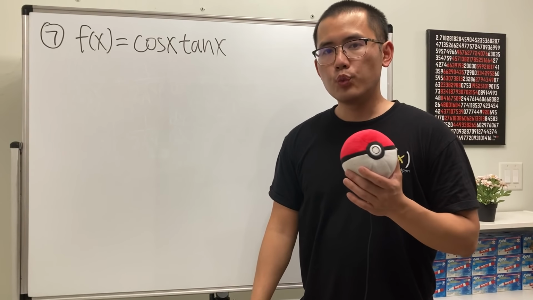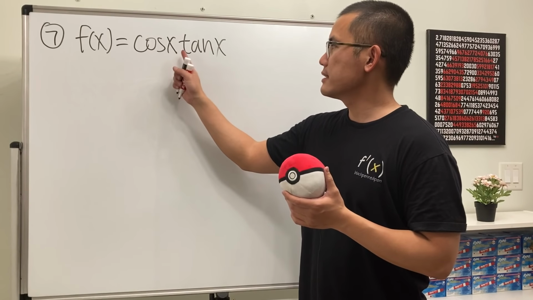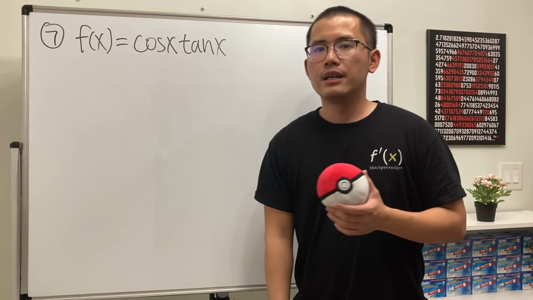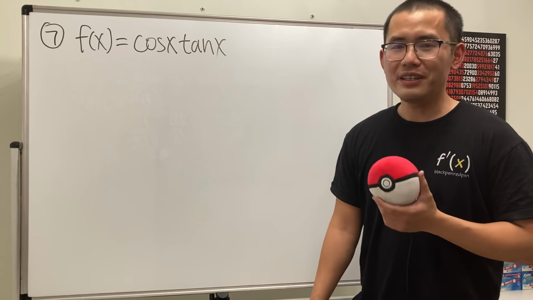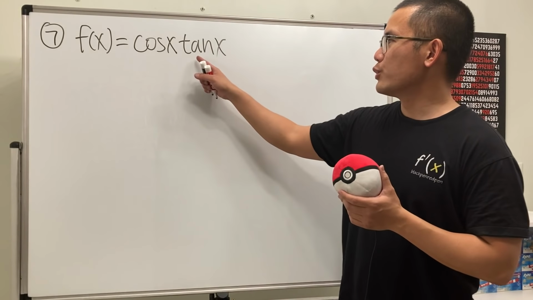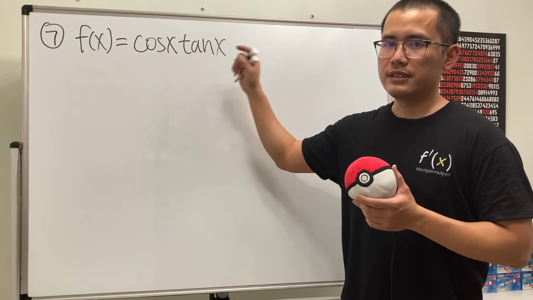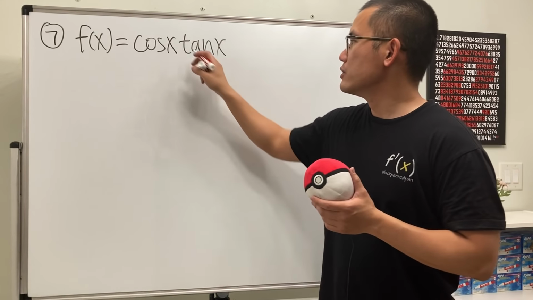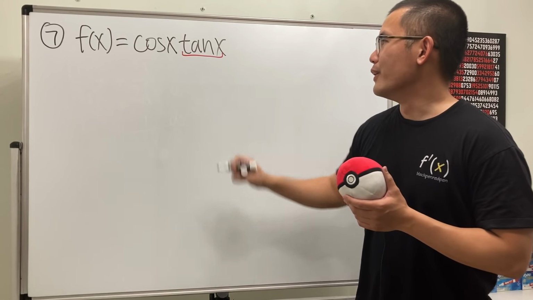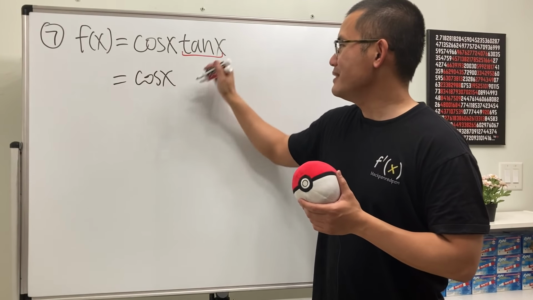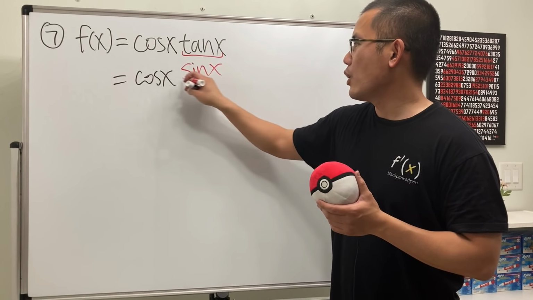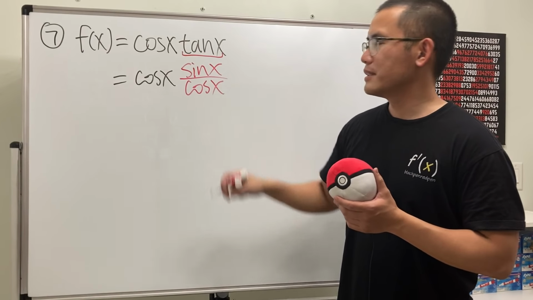Alright, number 7, we will be differentiating cosine x times tangent x. For this one, before we use the product rule, can we simplify this? Yes, because you should recognize that tangent x is just sine over cosine. So, here's the deal. We are going to rewrite this as cosine x times sine x over cosine x.